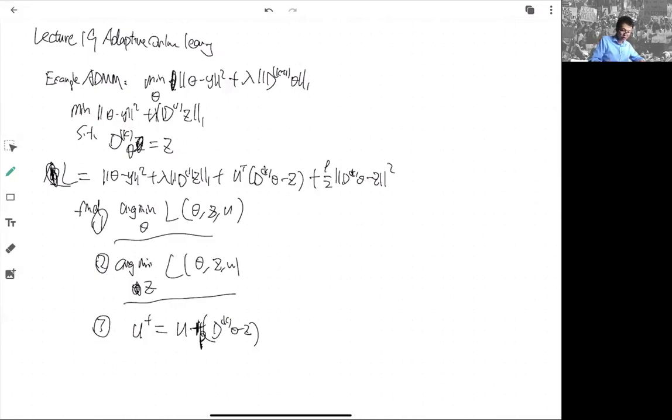Let's take a look at the first one. Check that in terms of theta, everything is quadratic, right?